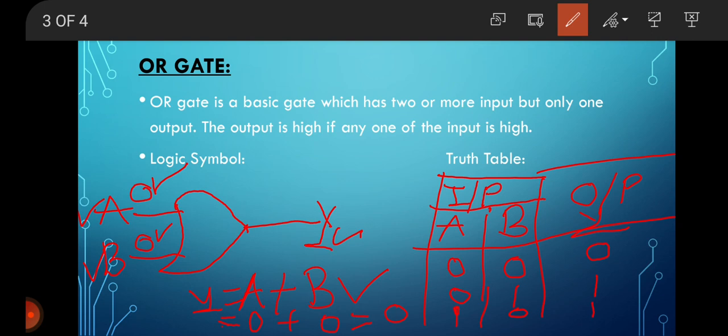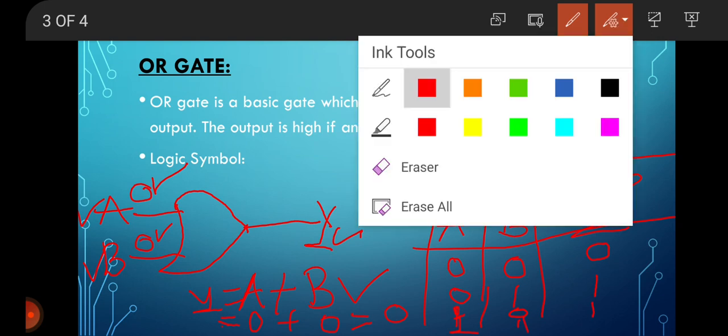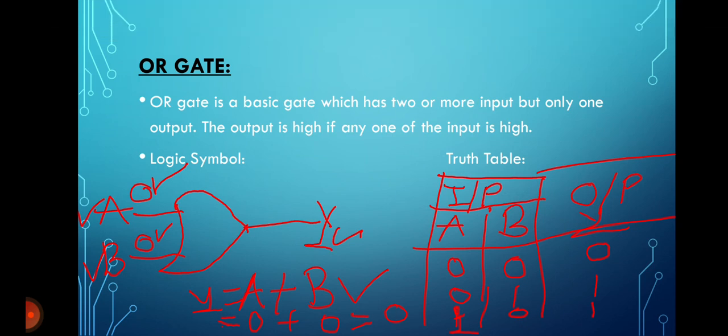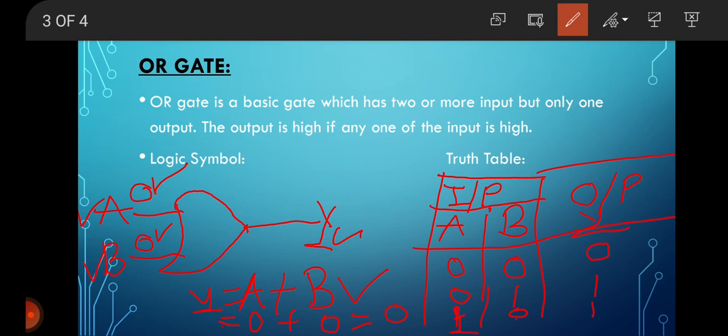Then apply 1 to the A input and also 1 to the B input, and we get 1. That means the gate is on. So this is nothing but the truth table of the OR gate. This is the logical symbol, this is the Boolean expression, and this is the truth table of the OR gate.